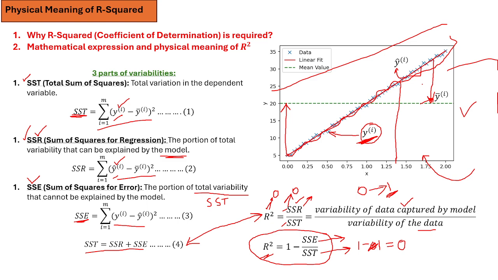So in that case, what will actually happen? There can be some confusion, but through the value of R squared, that's what I wanted to show.